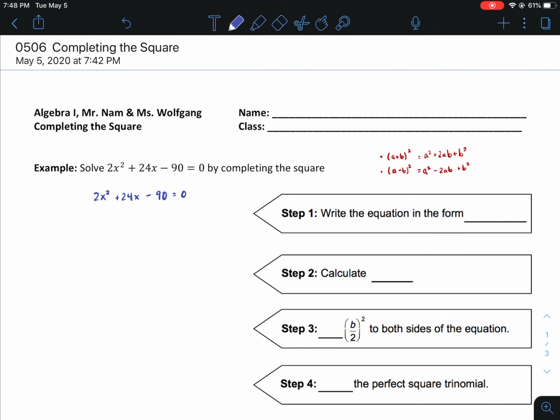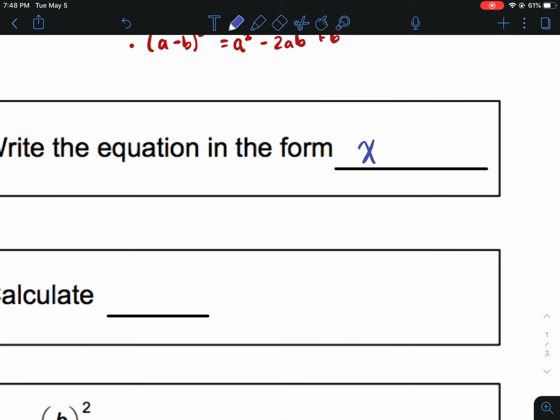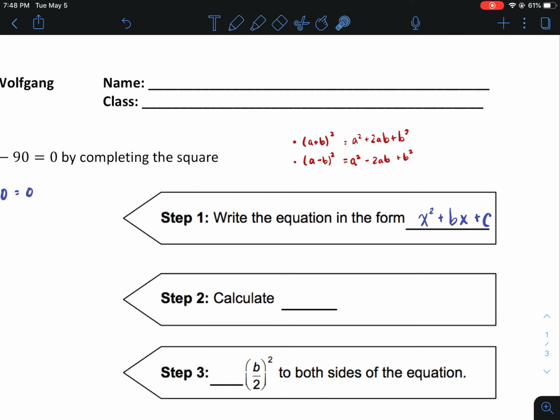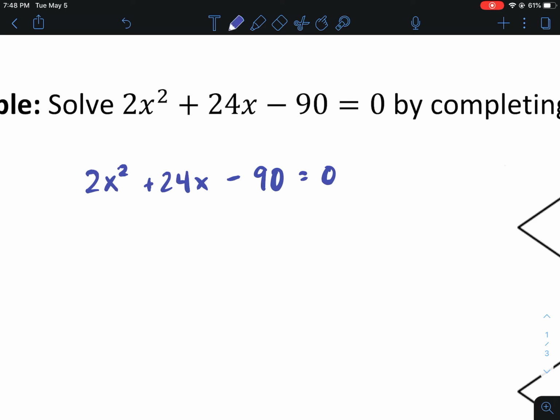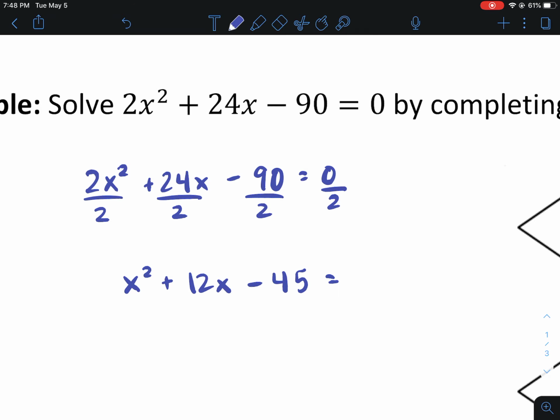And we want this to have a coefficient of 1 on the x squared term, okay? Because we're gearing up to make this a perfect square. So in this case, I'm going to divide the 2 from everything. And this becomes x squared plus 12x minus 45 equals 0.